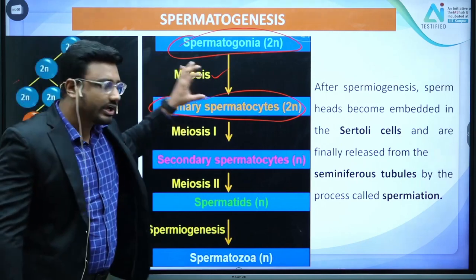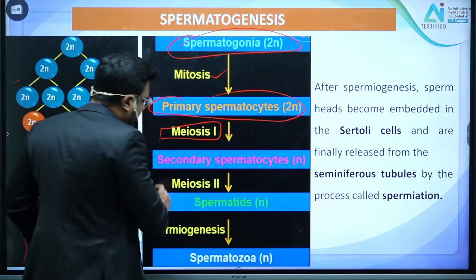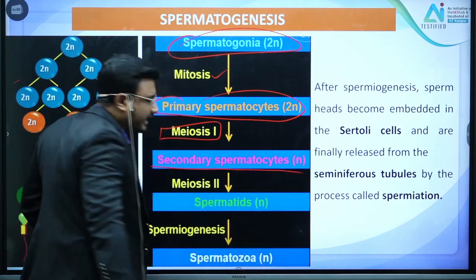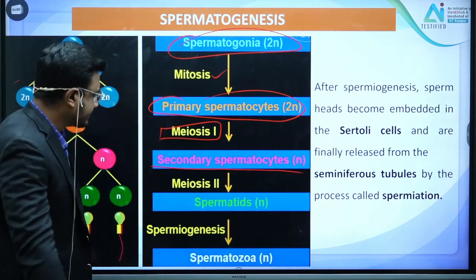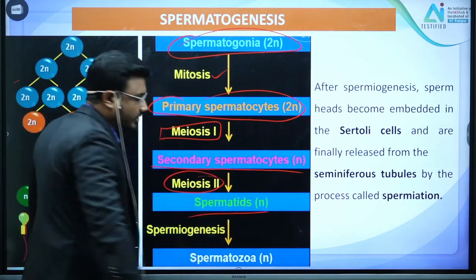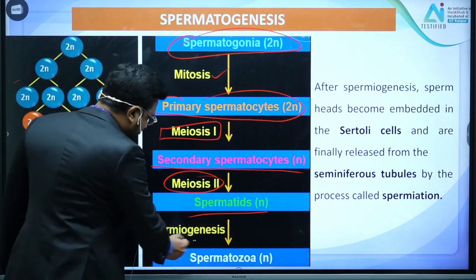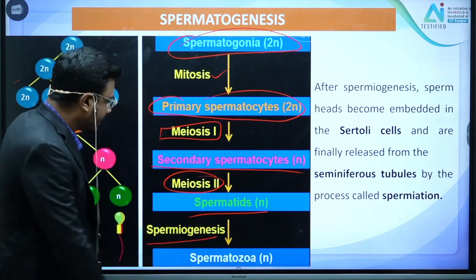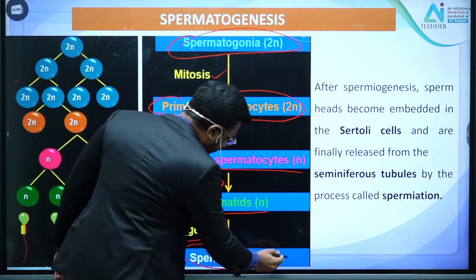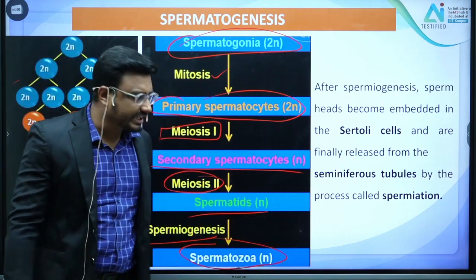After the formation of the primary spermatocytes, meiosis 1 happens, leading to the formation of the secondary spermatocytes. After that, meiosis 2 happens, and it leads to the formation of the spermatids. Then the spermatids, after the process of spermiogenesis, form the spermatozoa, also known as sperms, and they are haploid in nature.